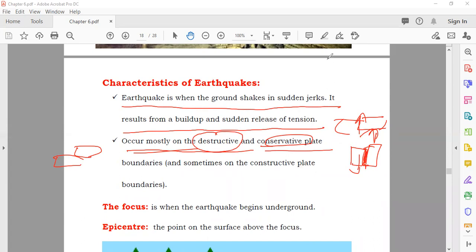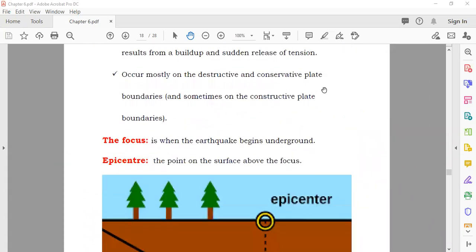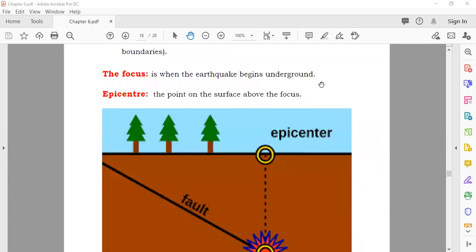Now there are some terms used for the earthquake. Really easy. Number 1 is the focus. What is the focus? Now we know that an earthquake comes due to the movement of tectonic plates, and those tectonic plates are under the ground.